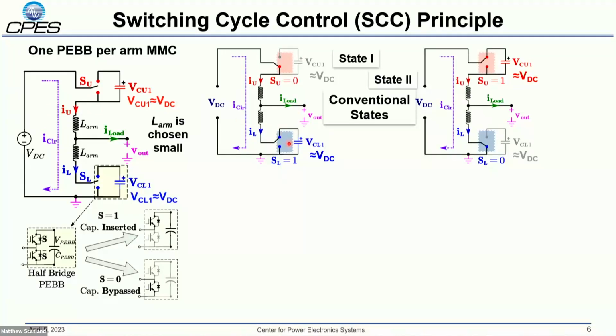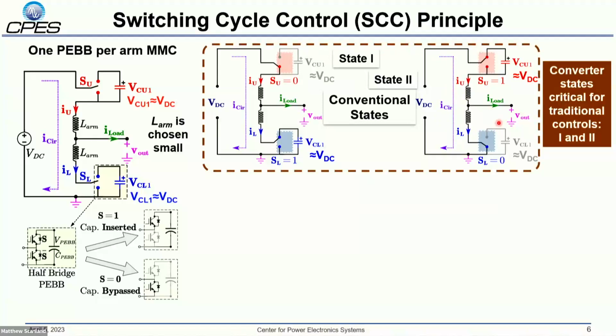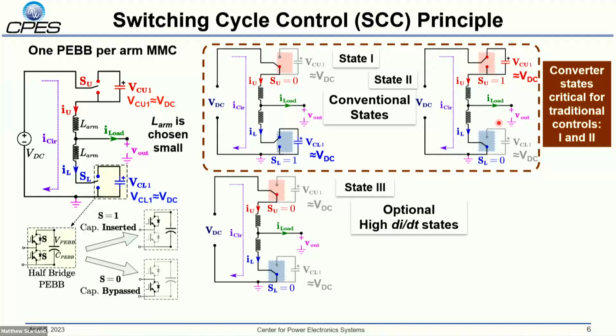For one PEBB per arm, these two states are very well understood. You insert the bottom arm, bypass the other, and the other way around. And these help you regulate the terminal voltage or the AC voltage. These are utilized well by many control schemes, and I will not focus on them more. But SCC is unique in the sense that it uses two additional states which are not well utilized by other control schemes. These are high di/dt states.